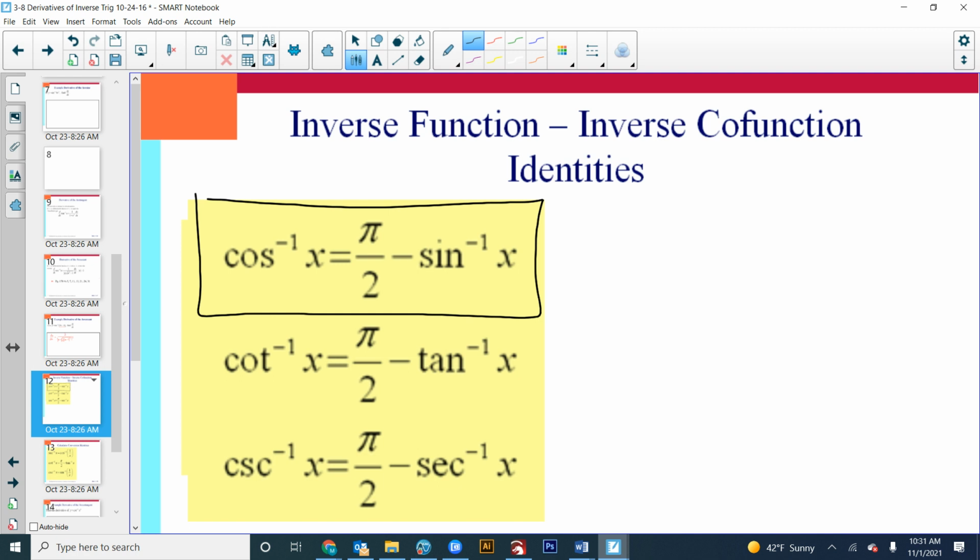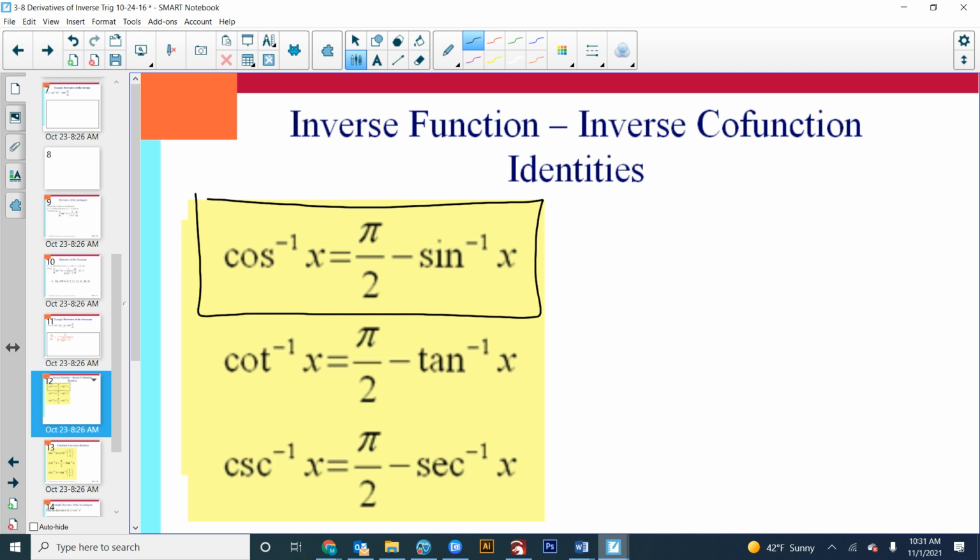Ready? Sine of x and cosine of x are the same if you shift them left pi over 2 units. Cosine inverse and sine inverse are the same if you shift them not left and right, but up or down.